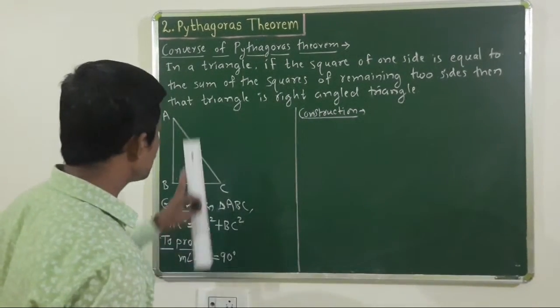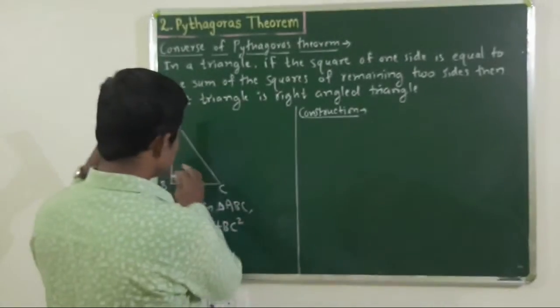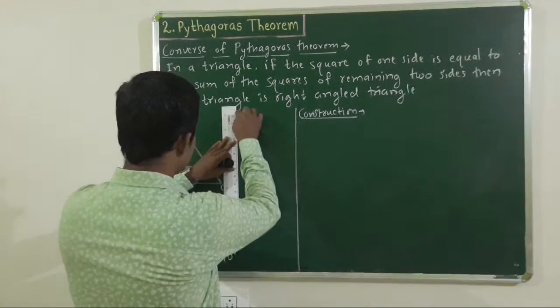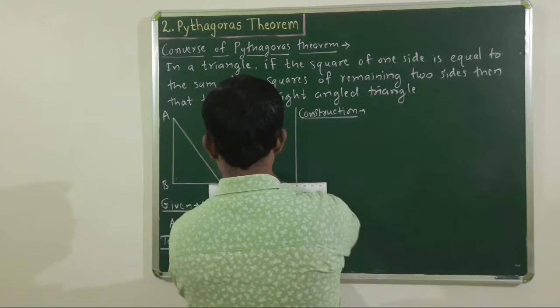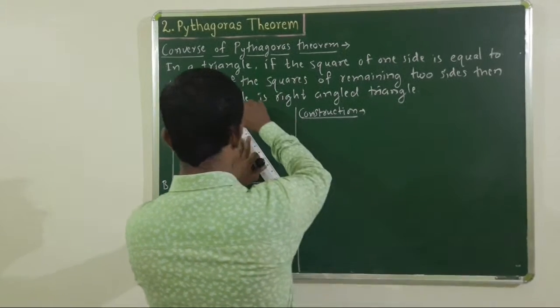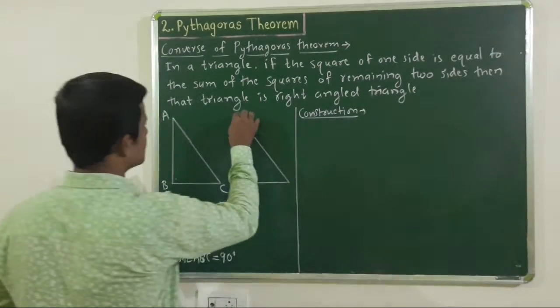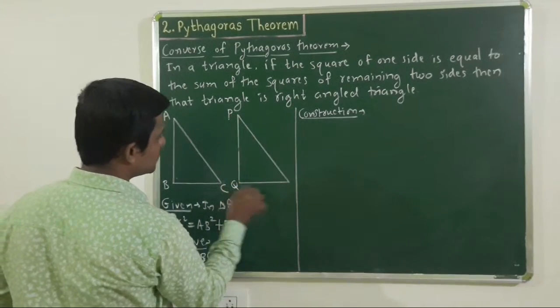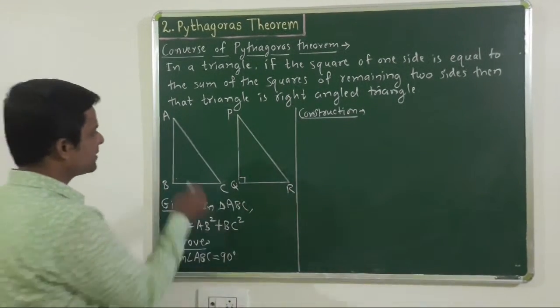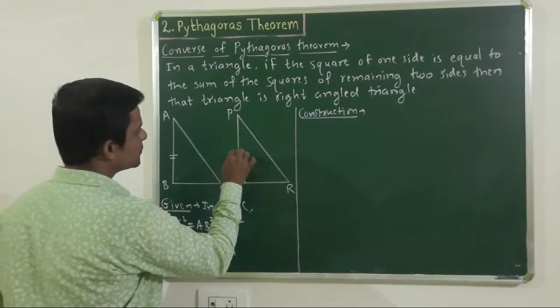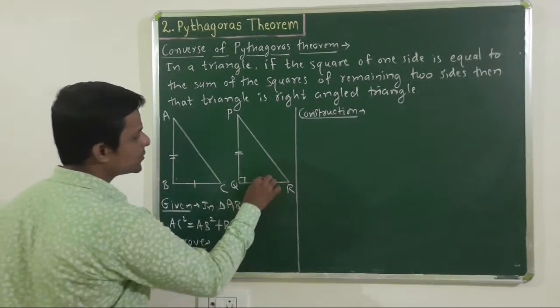I am going to draw one more triangle which looks like this, that is triangle PQR, but which is a right angle triangle. Triangle PQR, in which angle PQR is a right angle, AB is congruent to PQ and BC is congruent to QR.